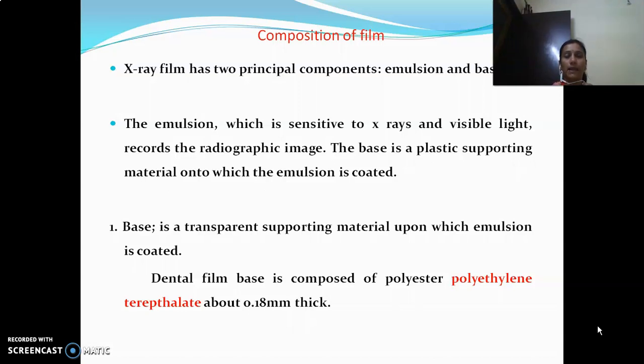The base is a transparent plastic supporting material onto which the emulsion is coated. Dental film base is composed of polyester polyethylene terephthalate, which is about 0.18 mm thick.